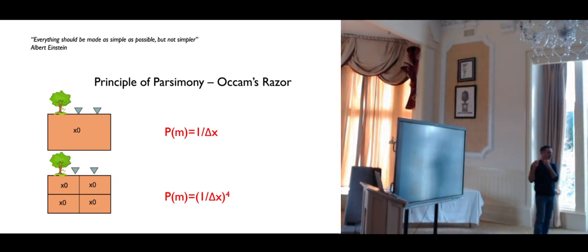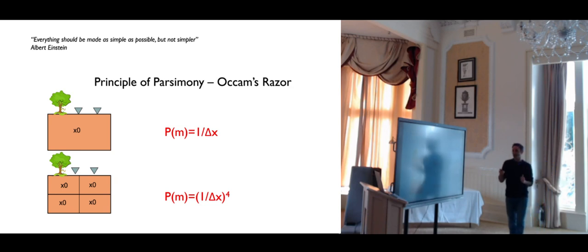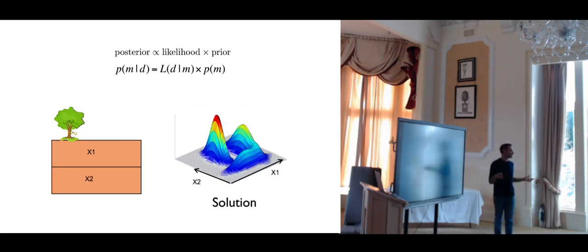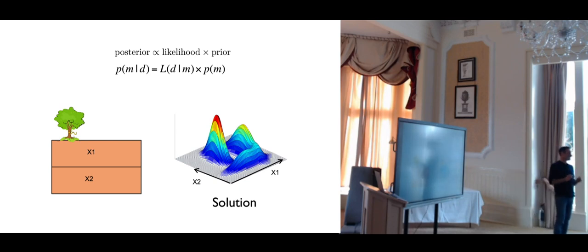So you see how the prior distribution is going to penalize an overly complex model, whereas the likelihood wants a complex model because it wants to fit the data. So that's it. Then we have the posterior, which is a transdimensional distribution. It's going to be very complicated because it's not analytical.